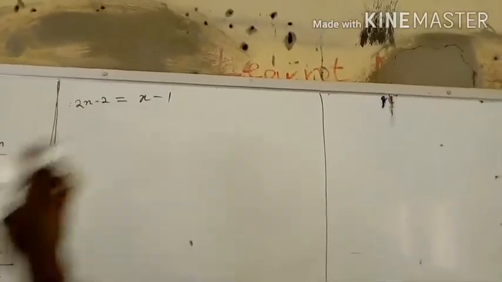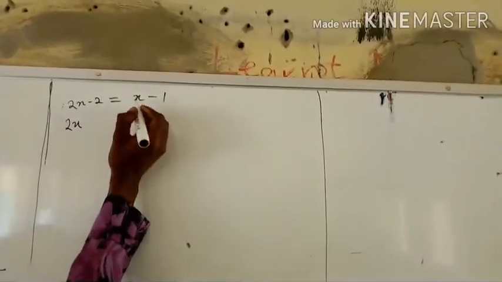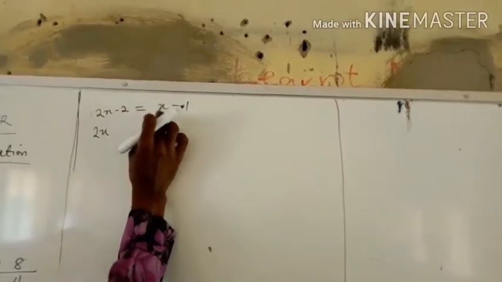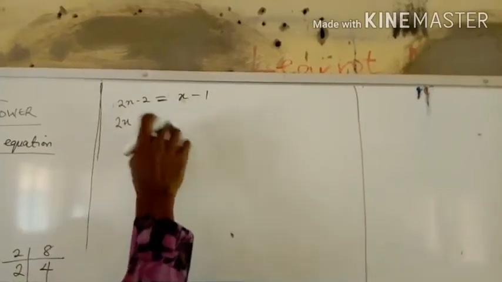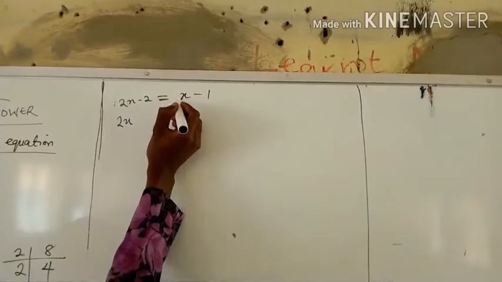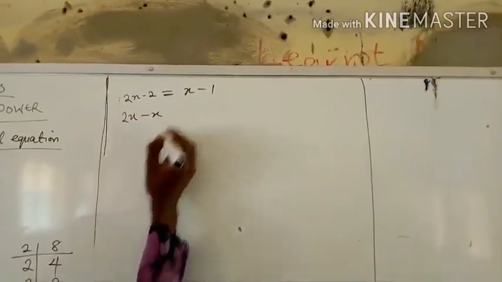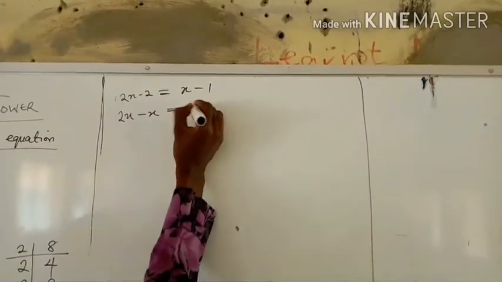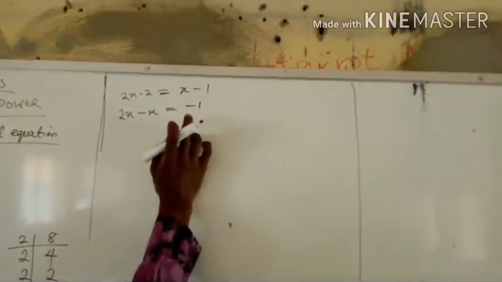So 2x and x are similar, so we bring them together. It is 2x. This x is plus x. Now, if this plus x is crossing this equal sign, the sign changes. So plus x is crossing, the sign changes to minus x. You put your equal to this minus 1. This minus 1 remains minus 1 because it's not crossing.